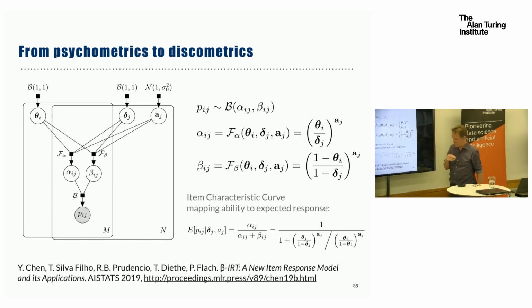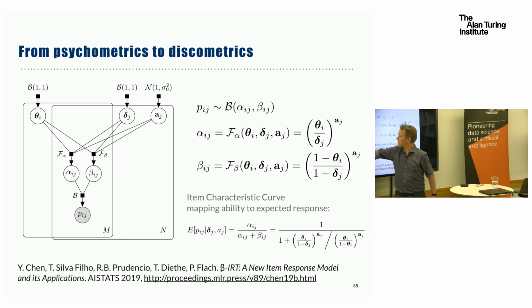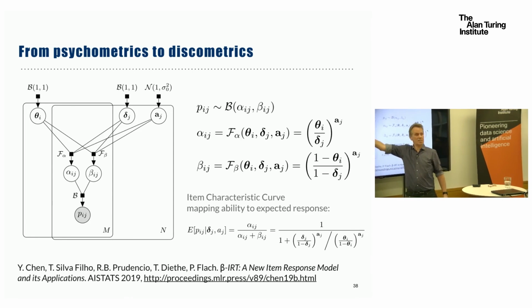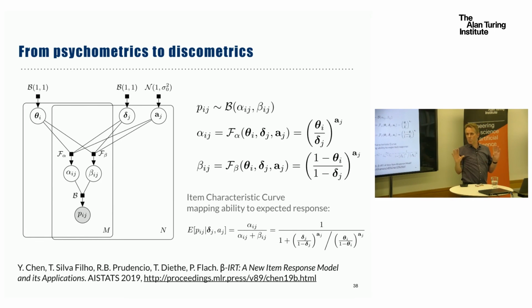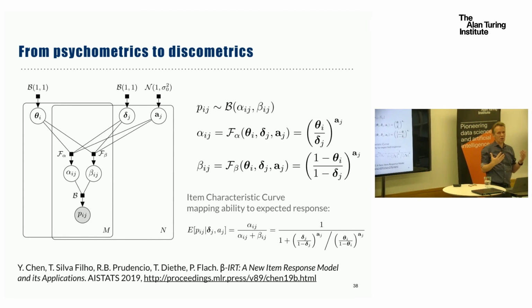But the key point is that we have observable performance here, but we also have these latent variables that are the ones that we're really interested in. So to give you a bit of the flavor of what we're trying to do here, cognitive psychologists like to do things like adaptive testing.